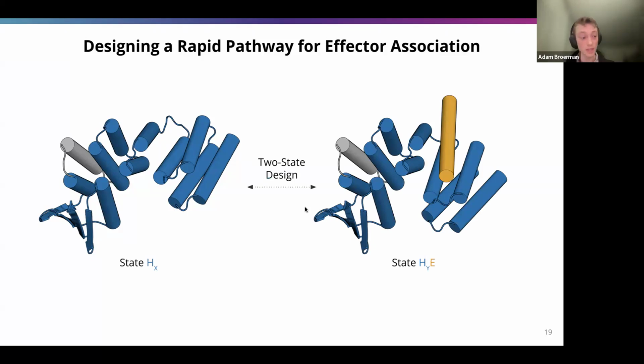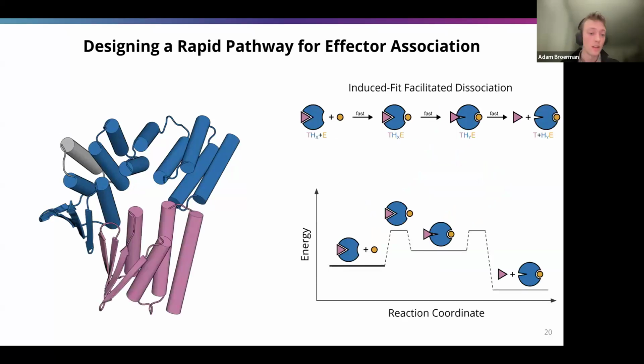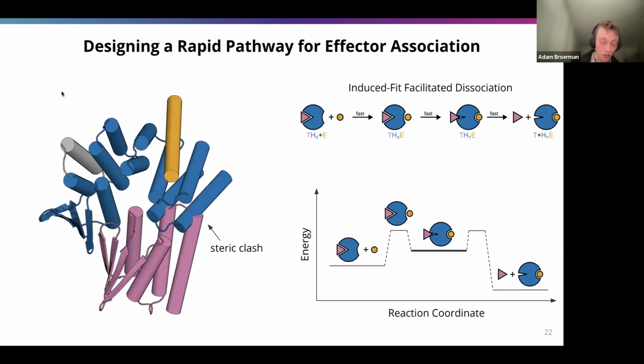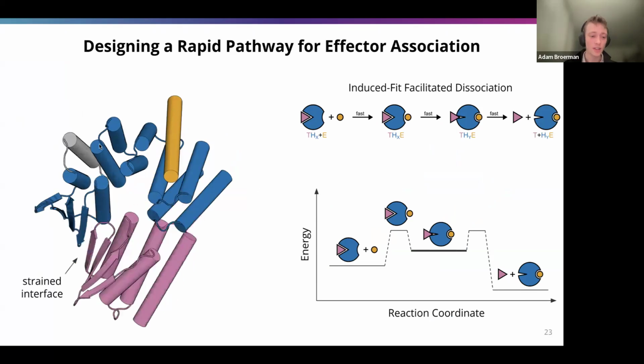And now we do two-state design. So we use ProteinMPNN to simultaneously optimize single sequences for both of these conformations. So we're doing multi-state design here. Now, in this state, the target can bind normally, but we do have this open cleft where if we add the effector, it can kind of weakly bind and induce this conformational change, which, because it's clashing with the target here, causes some frustration.